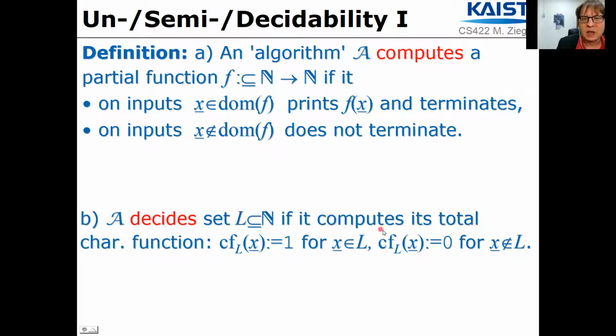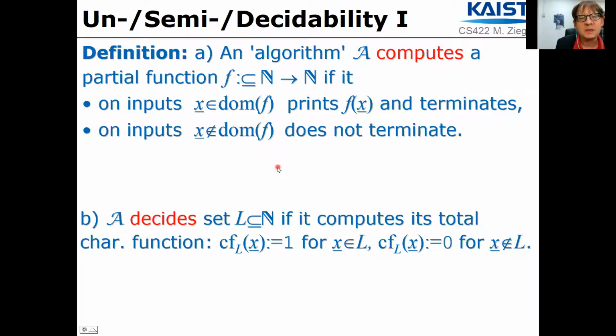Therefore, and recall that here we define deciding in terms of computing, we define it in such a way that the second case does not occur, because the characteristic function is always defined. So the case where the argument does not belong to the domain of the characteristic function does not occur.